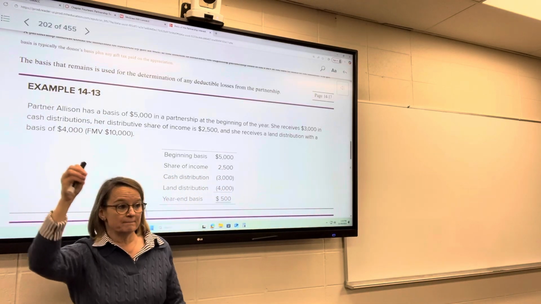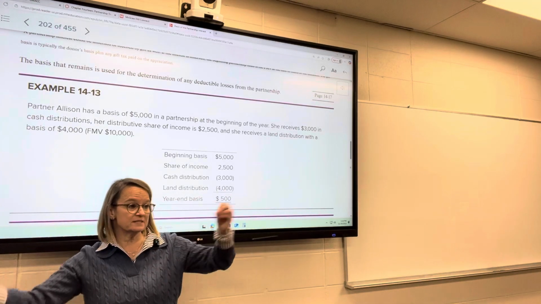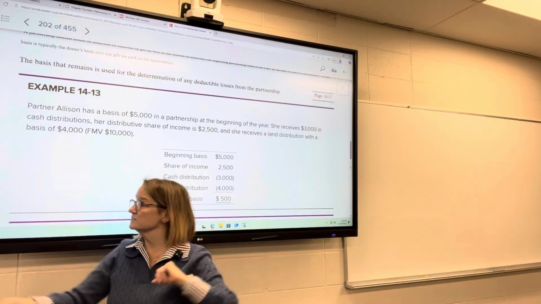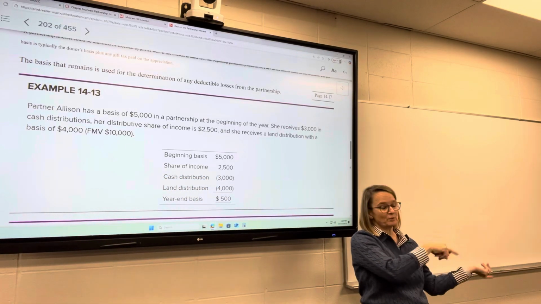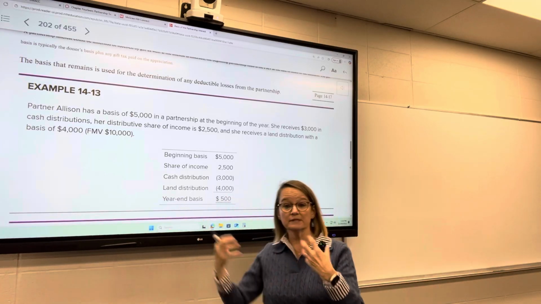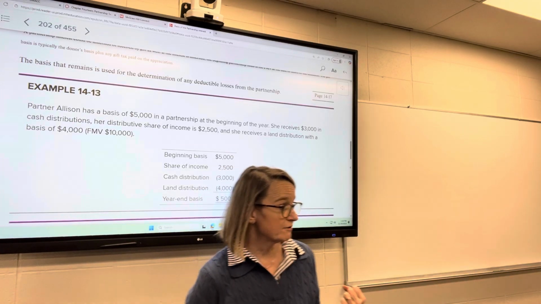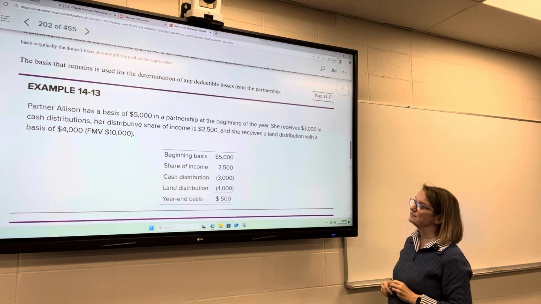And remember, basis to the partnership is going to be the basis to the individual, basis in, basis out, whatever that basis is in each of those for the partner or for the partnership. Once it transfers, that basis stays the same. So she gets some land out of the partnership. The basis is $4,000. Fair market value is $10,000.